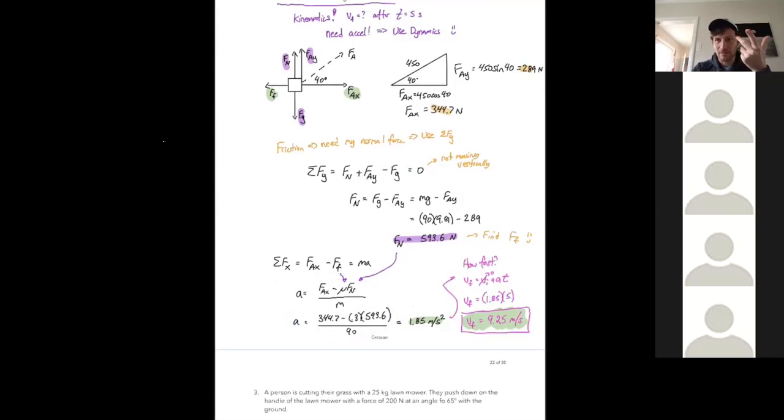I'll give you some of the values. You need to find the other one. We could do this completely backwards, where I could say, he pulls for 5 seconds and is traveling at 9.25 meters per second. What force are they pulling at?